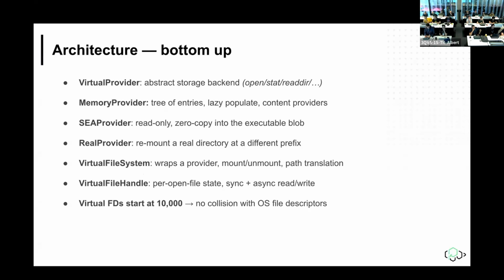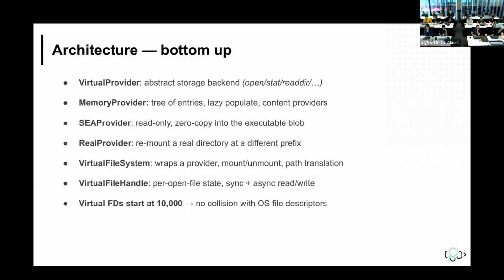We have the base class for all the providers, as well as the concept of virtual file descriptors, which is essentially a number. It's not 10K, it's a bit masked. So it's whatever, but it's not a problem. This follows what Yarn has been doing, which is to apply a bit mask to them to detect them.